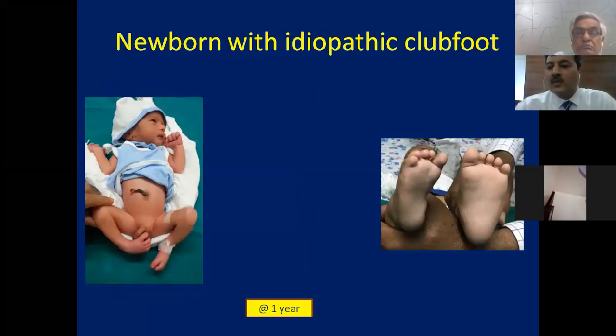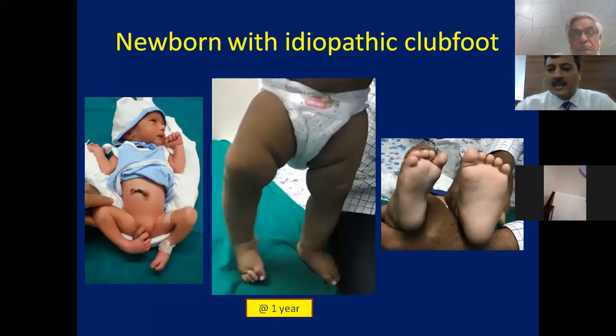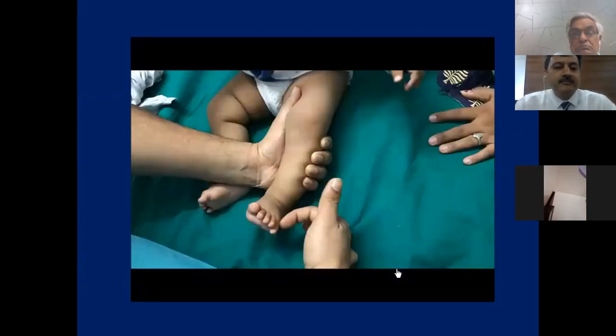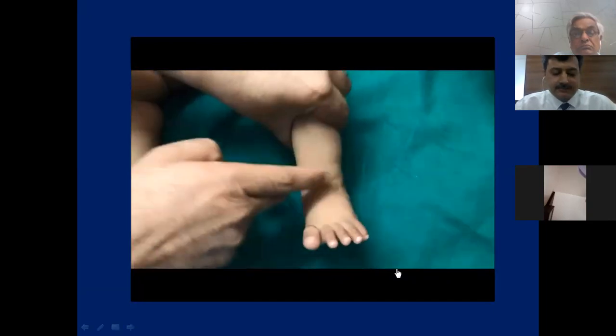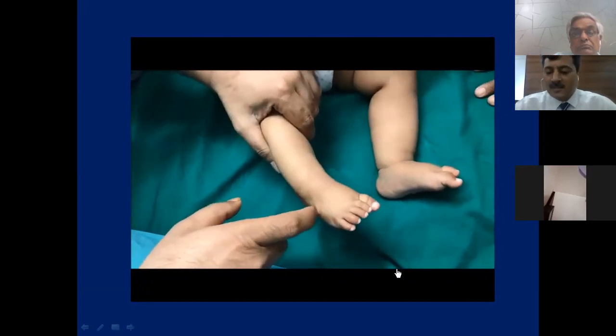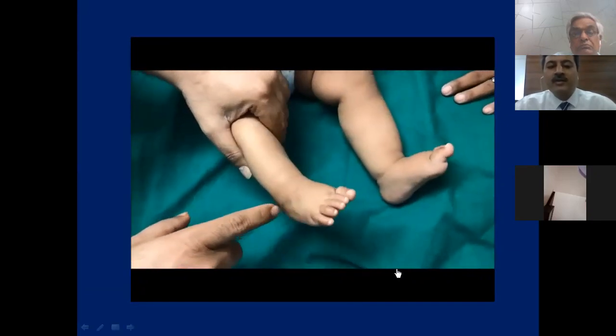Again, this newborn with idiopathic clubfeet, we treated with the Ponseti technique. It was absolutely fine. At 1 year, parents came back. Although the foot was corrected, the child keeps the foot turned in. When we checked the foot, the size of the foot was small, and the toes were clawing. As you can see here, the lesser toes are claw toes. And when I tickled it, you can see there is active eversion on the normal side, but there is no active eversion on the affected side.